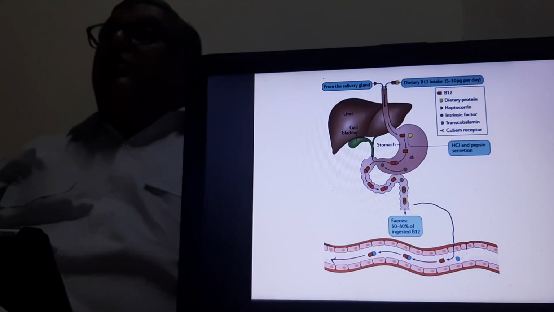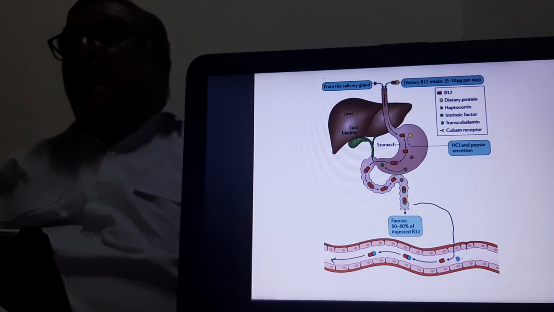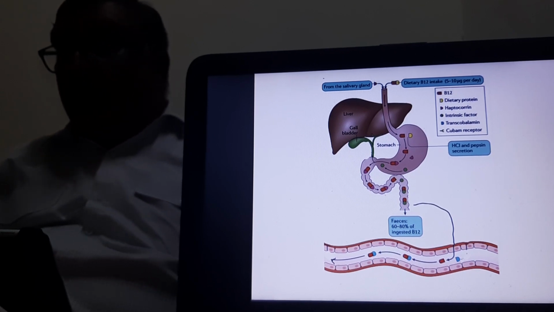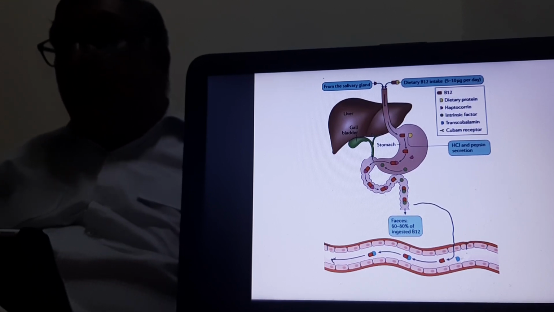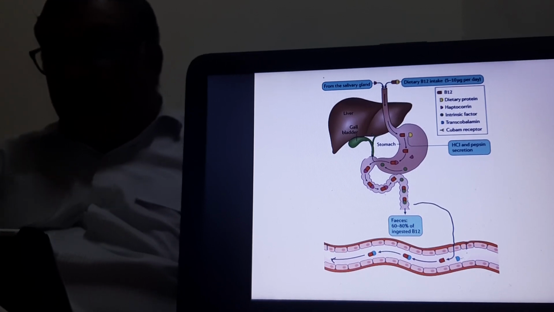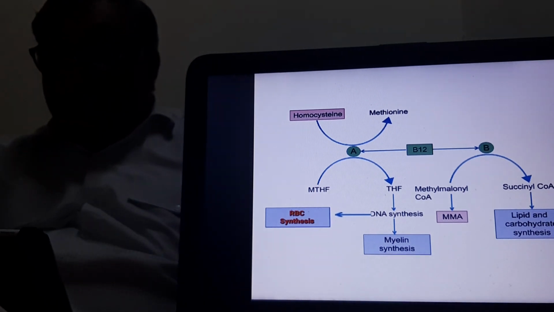After which it is taken up by the ileal cells of the small intestine and sent into the blood, where again it combines with transcobalamin to transport the vitamin. So vitamin B12 is never in a free state, it is always attached to a protein.